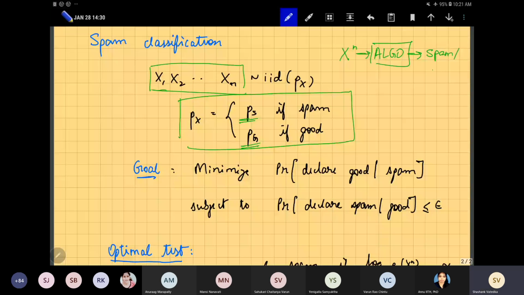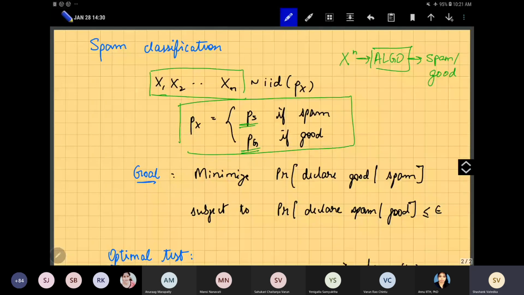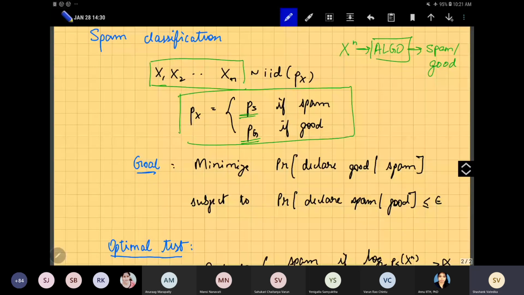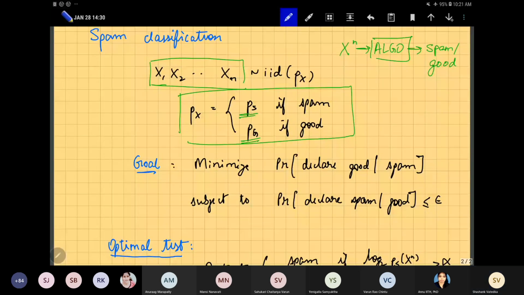If you declare this as spam, then it goes into the spam folder. Otherwise, it just comes into your inbox. Now, this is the problem broadly, but we also want a measure of performance of our classifier, of our spam filter.